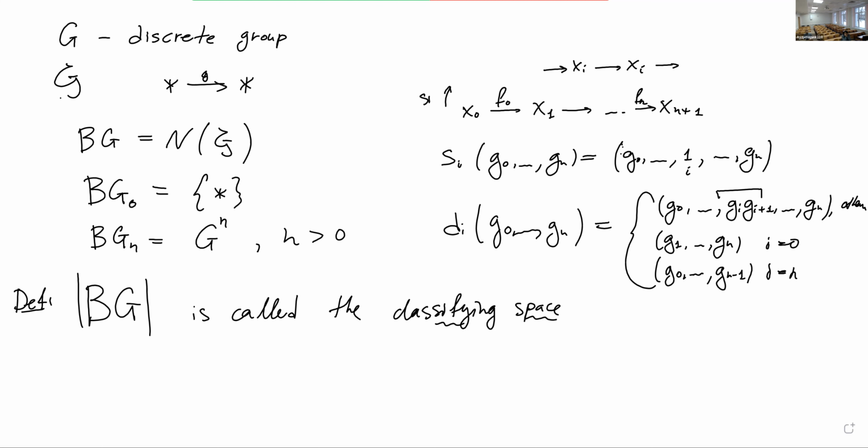Because the arrows are composable, we can compose any two, and we get a simplex of dimension one less than the dimension of the given one. Okay, so basically it works for every category, and if we take G as a category with one object and lots of arrows, we get the classifying space.